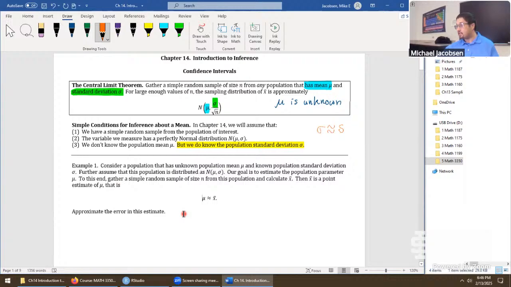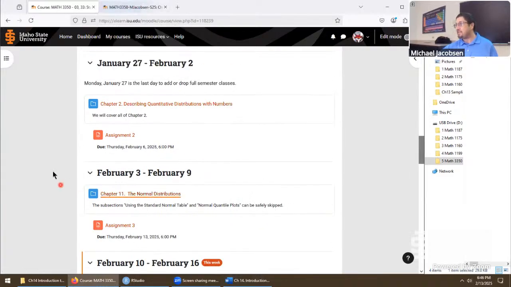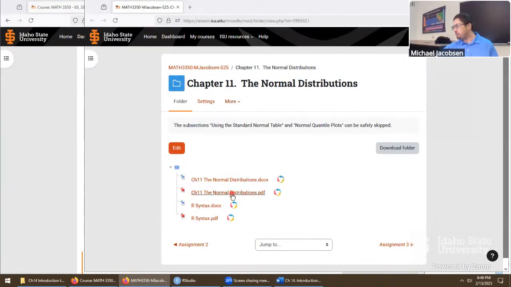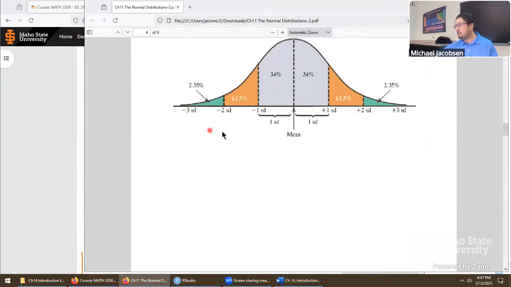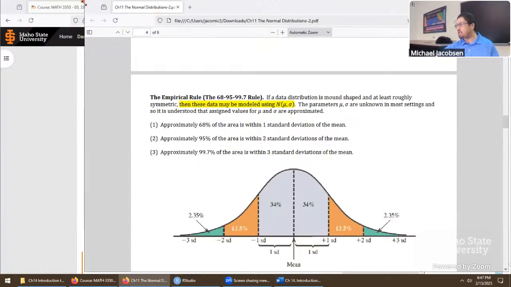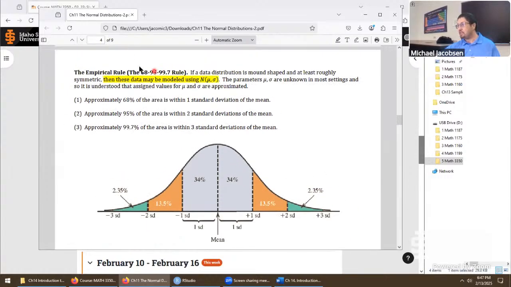Well, one way to start is, let's pause right here for the moment. Go back to chapter 11. I know it's ways back, it feels like. But we need one visual from this chapter here. The one graph we didn't pay a lot of attention to, we just kind of put it here in the middle, just to say this is another way to look at the normal distribution through the so-called empirical rule, or 68-95-99.7 rule. It tells us that approximately 95% of the area under the normal curve would be within 2 standard deviations.